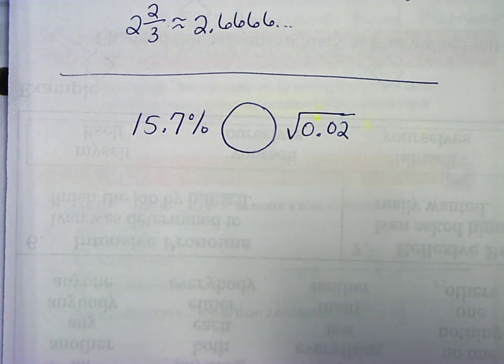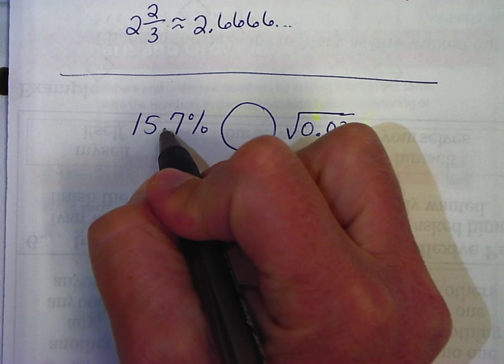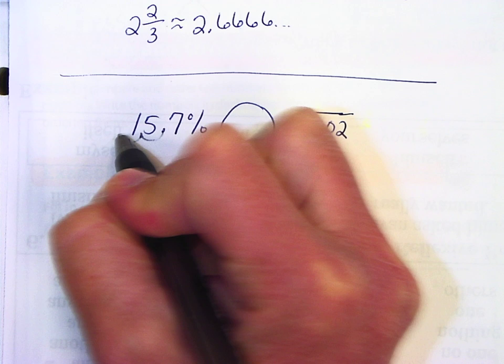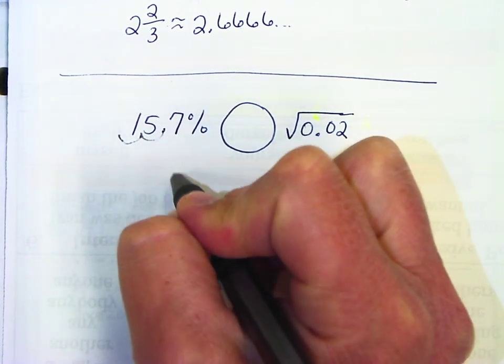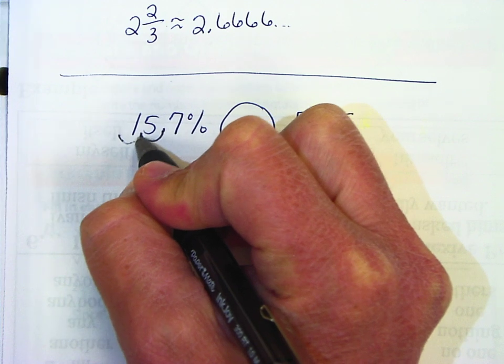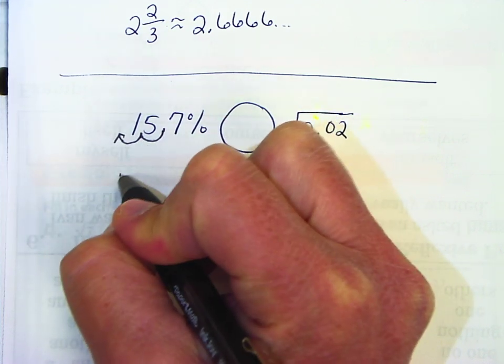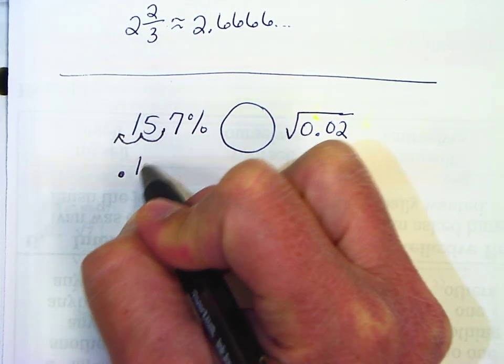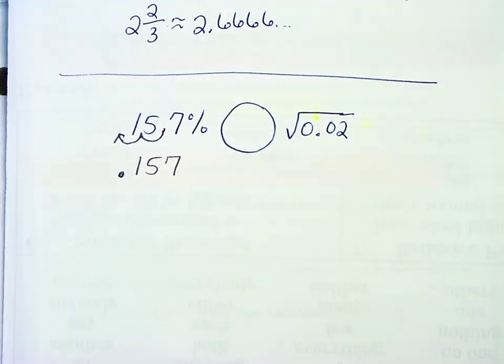The way you change a percent into a decimal is you move the decimal 2 to the left every time. Right now it's a percent, so you can't just take 15.7. To change it to a decimal, you move the decimal 2 to the left. So this is really 0.157 as a decimal.